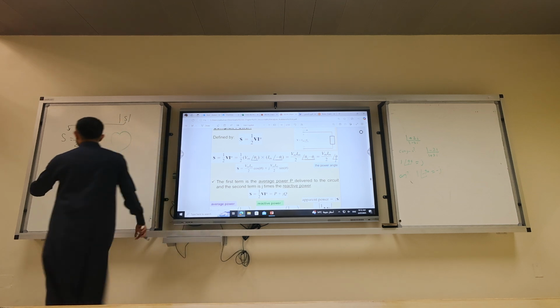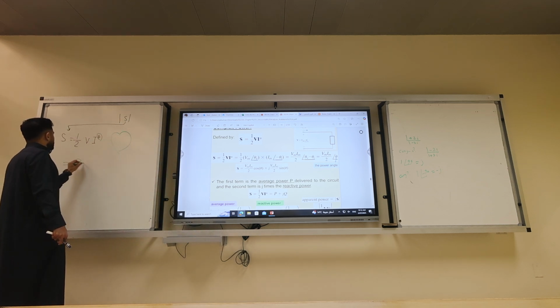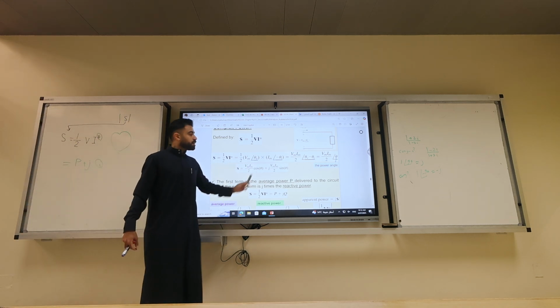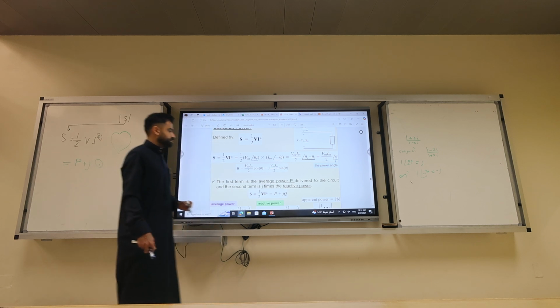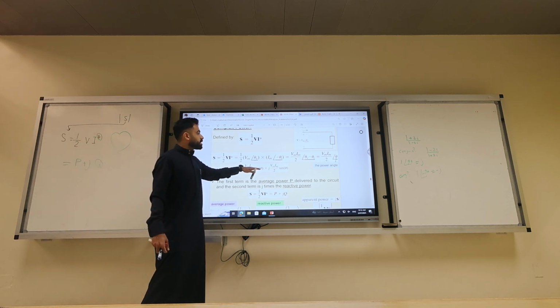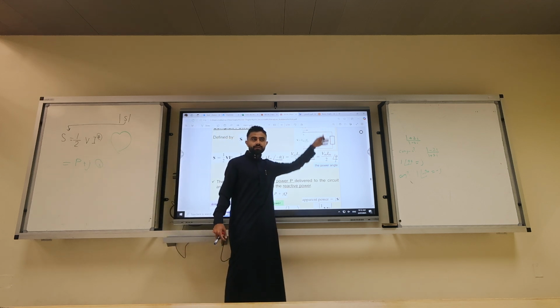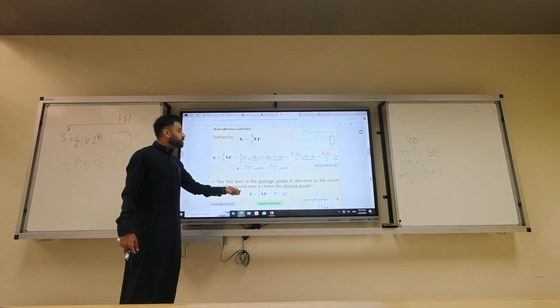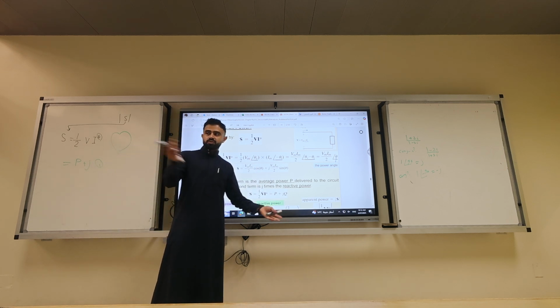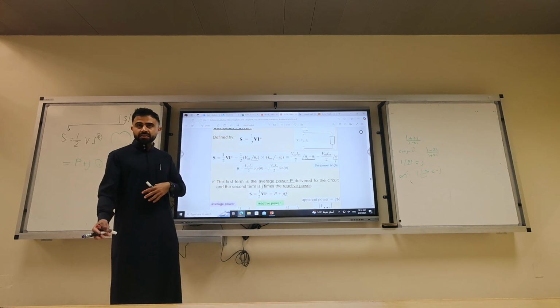So we can say it's equal to P plus jQ, where P is this expression, Q is that expression. The first term is the average power delivered to the circuit, which is usually the resistive stuff. The second term is the reactive power, which is either delivered or absorbed, which is either the capacitive or the inductive load.